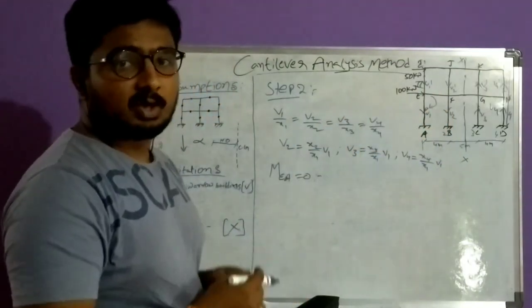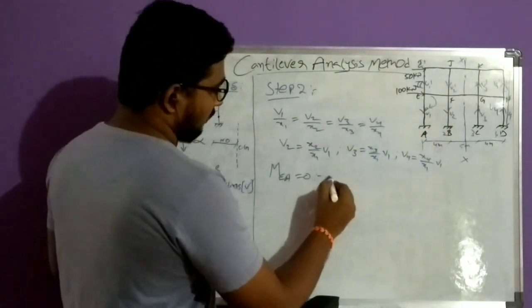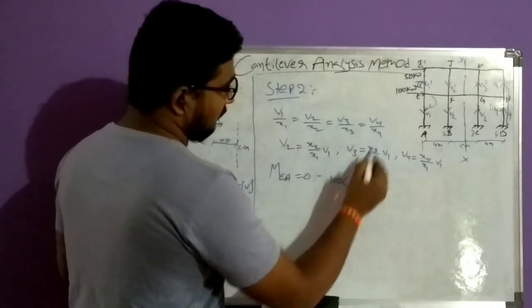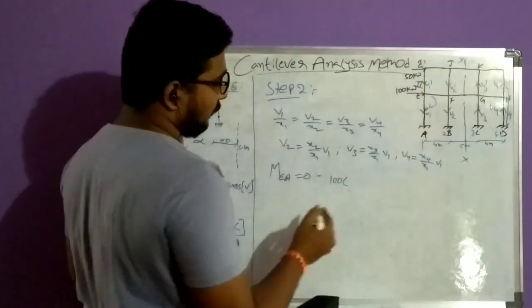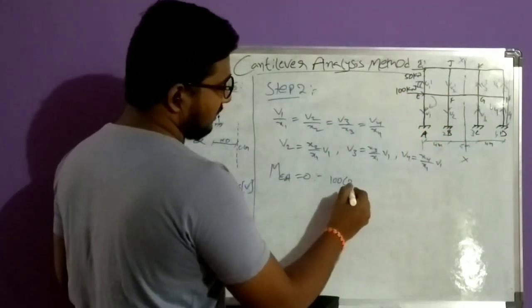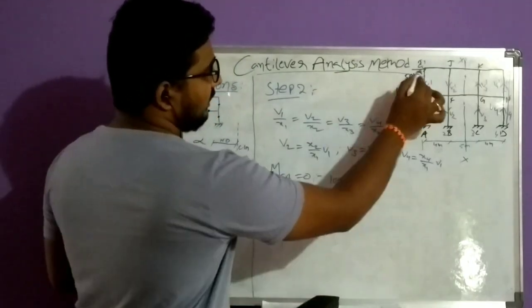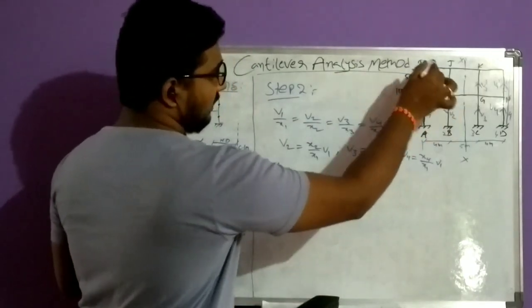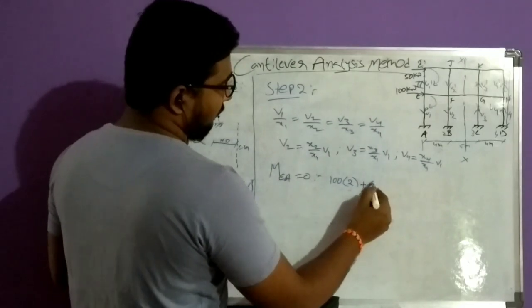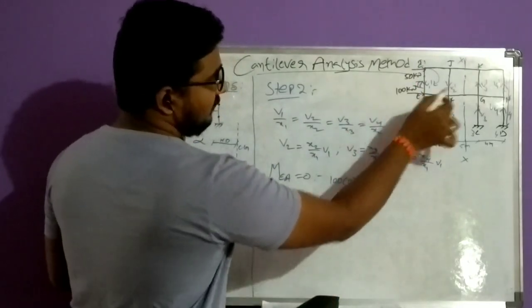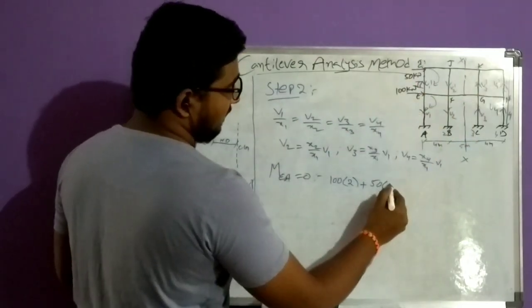Here I am considering clockwise direction as positive. So 100 into distance. What is the span distance? 4 meters, so half of the span distance, 2 meters. And here 50 kilonewtons is also acting in the clockwise direction. Plus 50 into what is the span? This is the 4 meter span plus half of the span, 2 meters, 6 meters.